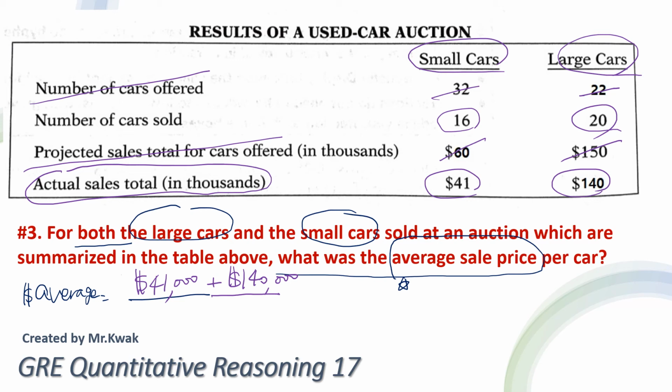And then divide by the number of both small cars and large cars. So it could be 16 small cars plus 20 large cars. So totally, we can make it this way: 55,000 divided by 36.